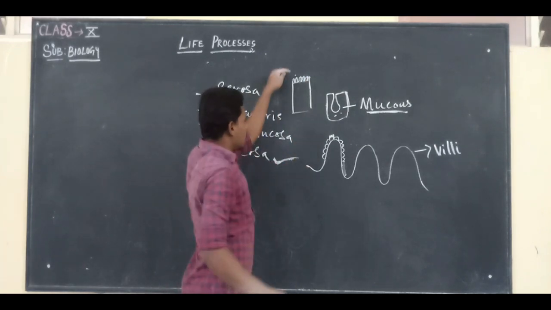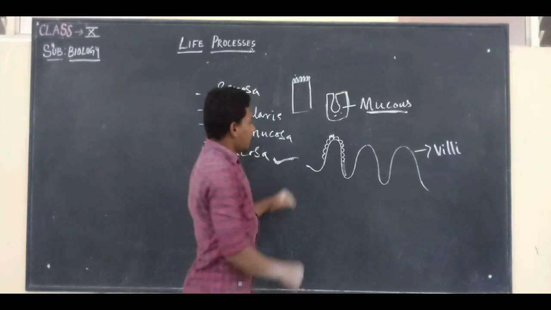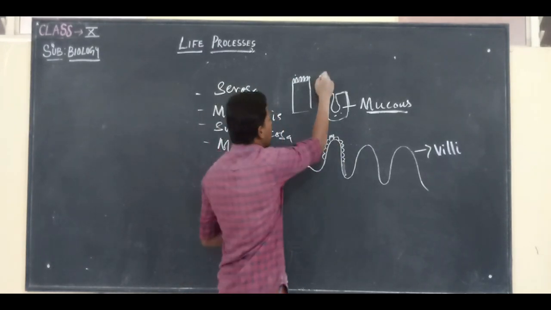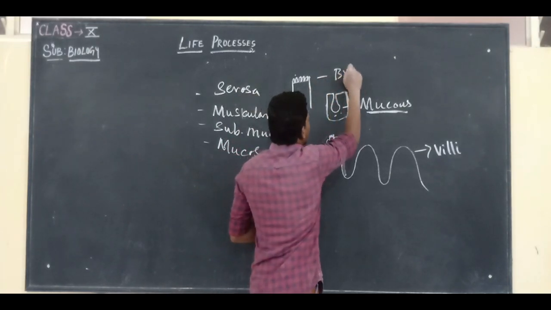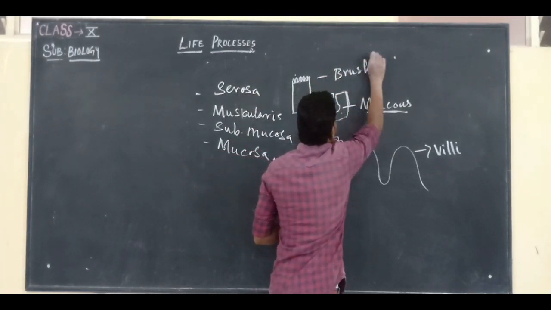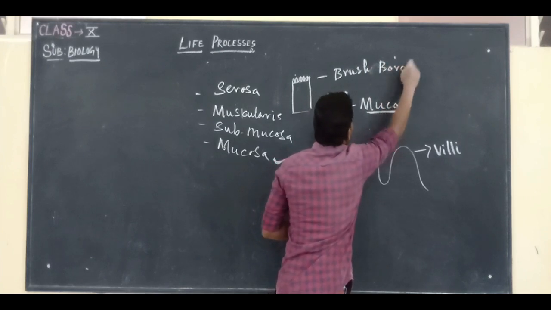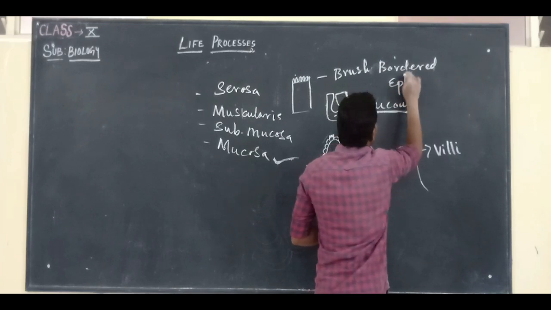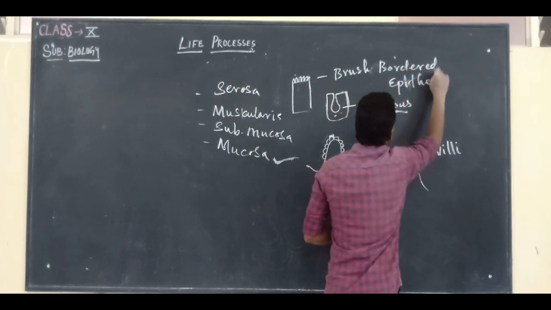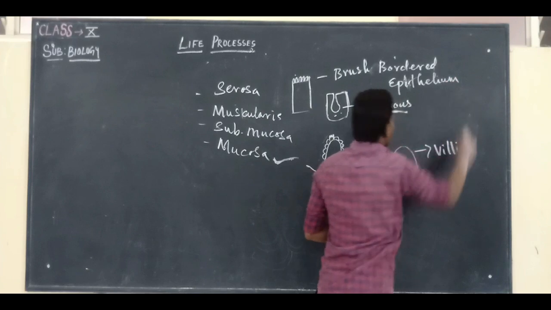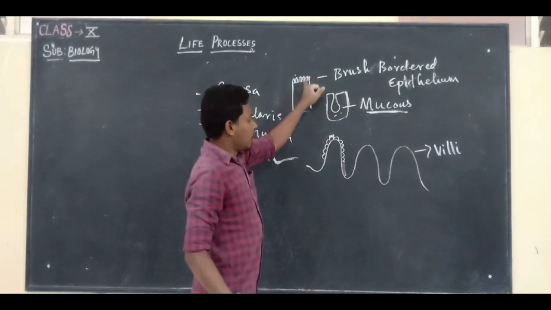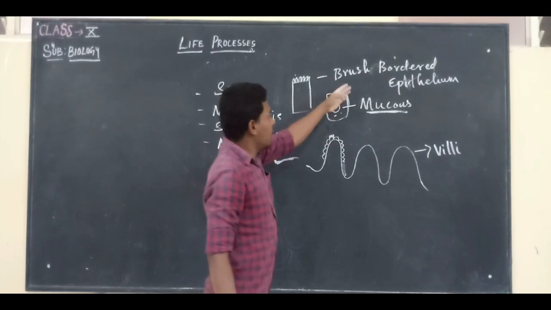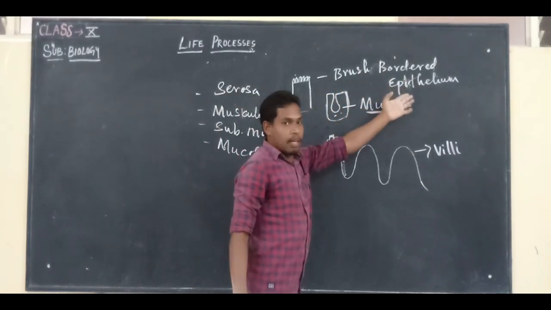Because of these microvilli, this layer can also be called brush bordered epithelium. Because of the microvilli present on the surface of villi, we call it brush bordered epithelium.